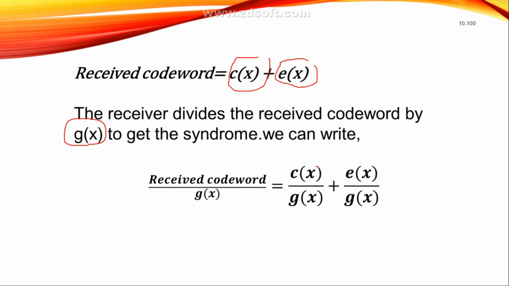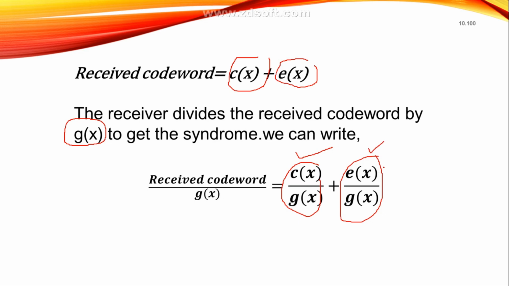So the received code word over g(x) is c(x) upon g(x) plus e(x) upon g(x). The first term on the right hand side of the equality has a remainder of 0. So the syndrome is actually the remainder of the second term on this right hand side.